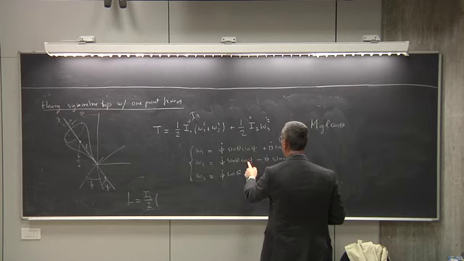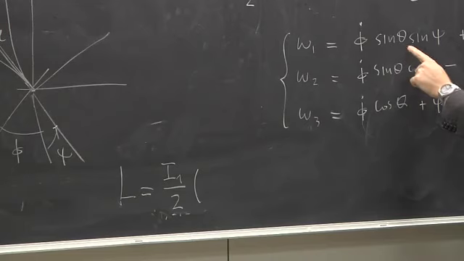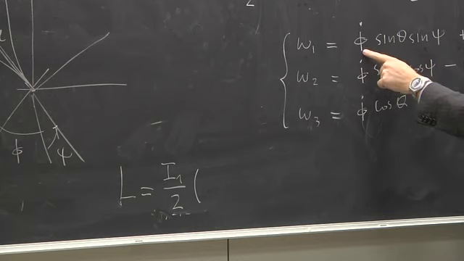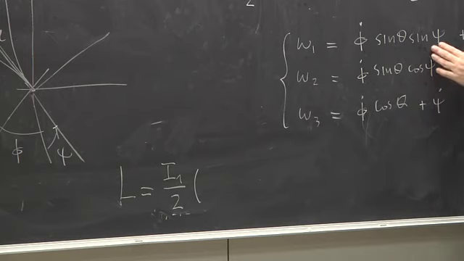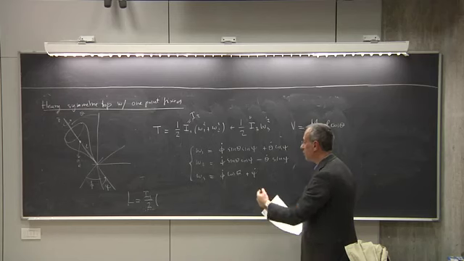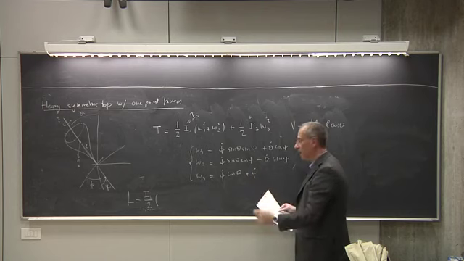Then you have the usual trick that you get sine square plus cosine square here, right? And here you get phi dot square sine square theta, then sine square cosine square psi. So essentially the psi drops out because it's always in the combination sine square plus cosine square.